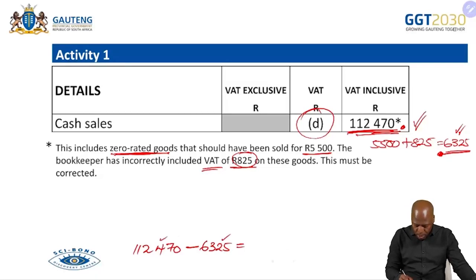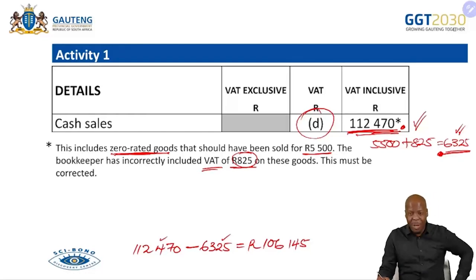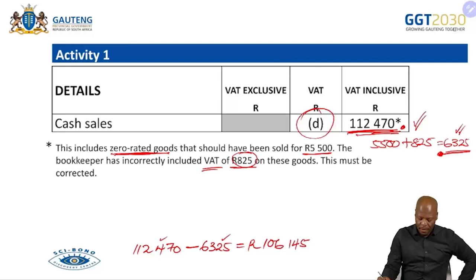If you punch these two figures in your calculator, please tell me how much do you get. Okay, thank you so much. Someone is saying, Mr. Simbi, we get 106,145. Okay, thank you. Now, we now have our VAT inclusive, which does not include zero rated items. So it's only standard rated items in the 106,145.